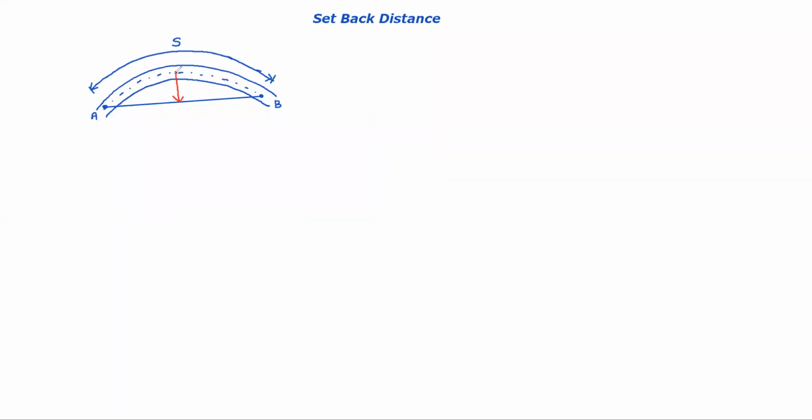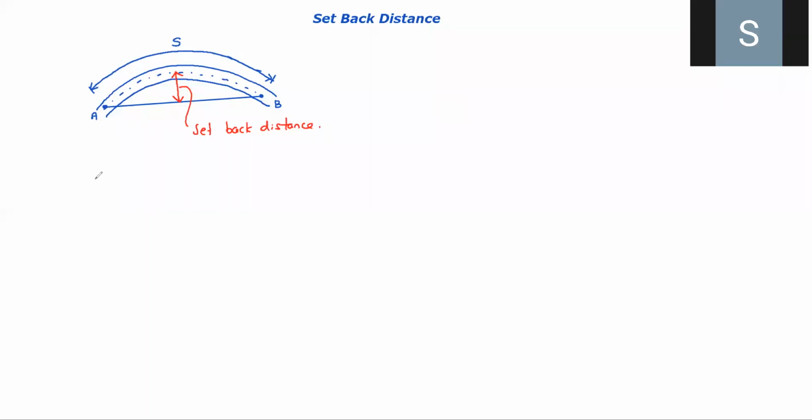Now this red one is called the setback distance. Setback distance means clearance, the clearance required. So now we have two cases to calculate this setback distance.